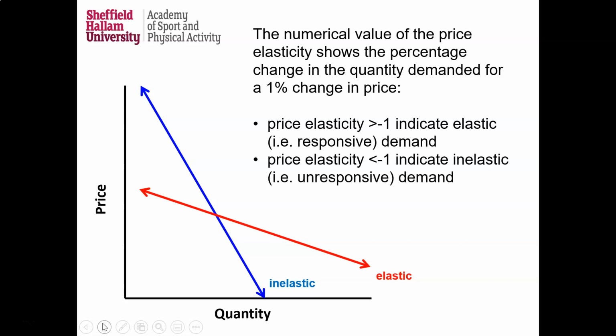Now, the way that a sports good or service reacts to price change shows us different levels of elasticity of demand. So what we can see here is we have a chart which shows us the demand schedules or the demand curves for two different goods. This is a demand curve which is showing what's called elastic demand.